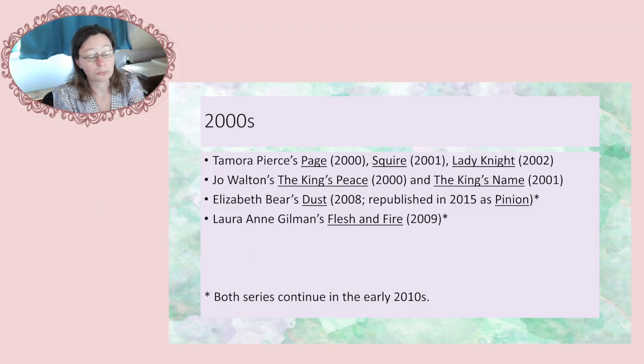I would be slightly more comfortable doing that with the Jacob Slatter's books by Elizabeth Bear with Dust / Pinion, because that one has word use representation in it, but I haven't read those later books, so I am not quite sure what is going to go on with them. So I'm just going to leave them off for now, but they do exist, and you should know they exist.